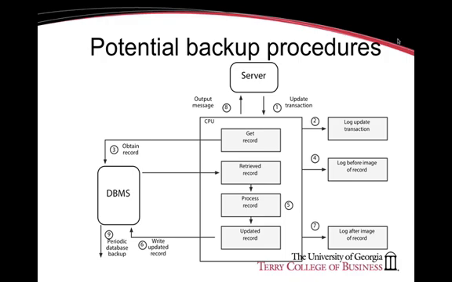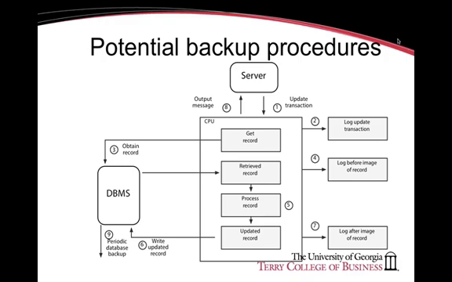Here is a potential backup procedure of a database management system. You will see that the server, as the first state, wishes to perform an update transaction. This update transaction needs to be logged. Subsequently, the record is obtained from the database management system for that transaction.